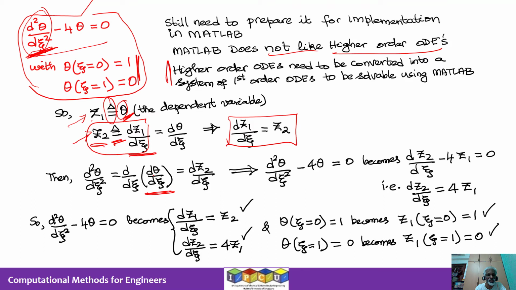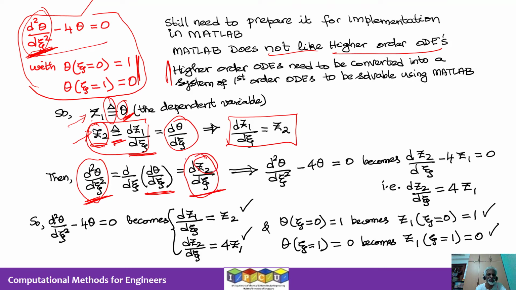D theta by d psi by our definition is equal to z2. Therefore, d2 theta by d psi squared is nothing but dz2 by d psi, just following these definitions consistently. So I'm able to express the second derivative in terms of a first derivative involving a new symbol.